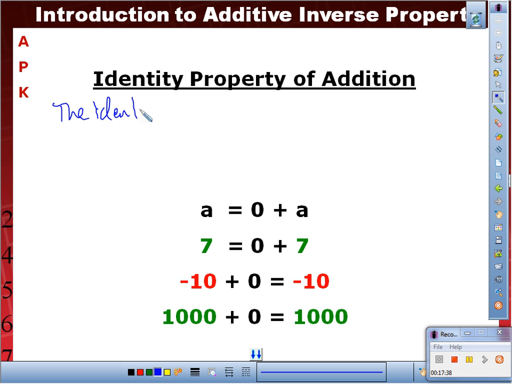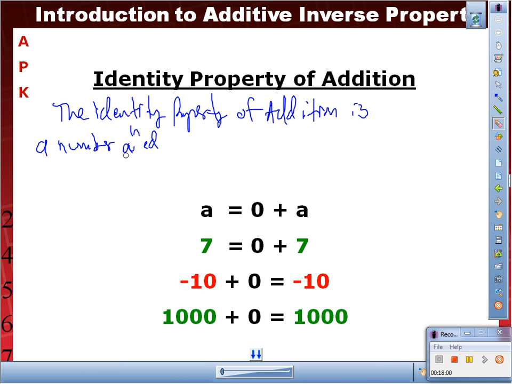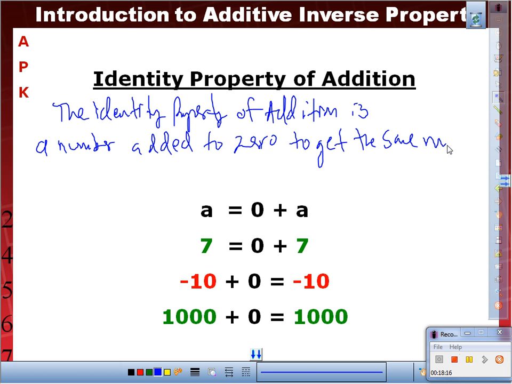The identity property of addition is a number added to 0 to get the same number.